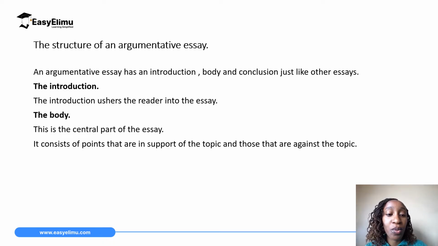After that, we now go to the body, which is the central part of the essay. It is the longest part of the essay. It can be as many paragraphs as you wish. And here you write down the points that are in support of the subject or the topic, and those that are not in support, and why.